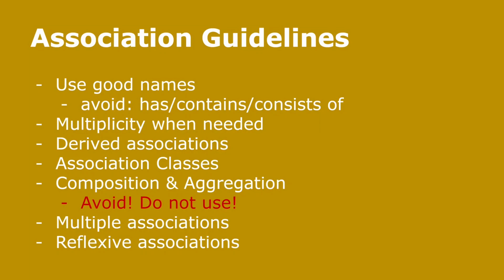You can of course have multiple associations. That is, multiple associations between the same two conceptual classes. For example, if we add this teacher class, then each course has a responsible teacher and an examinator.